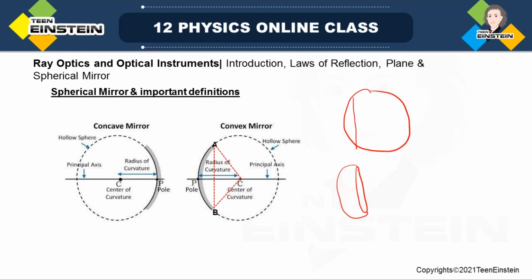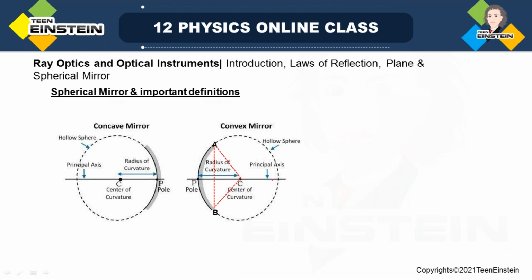You can see this part of a sphere. You can realize it very well if you take a spoon; part of a spoon is actually a spherical mirror. You might have done some activities in your previous classes, I think 10th standard. So a spoon is a very good example of a spherical mirror.